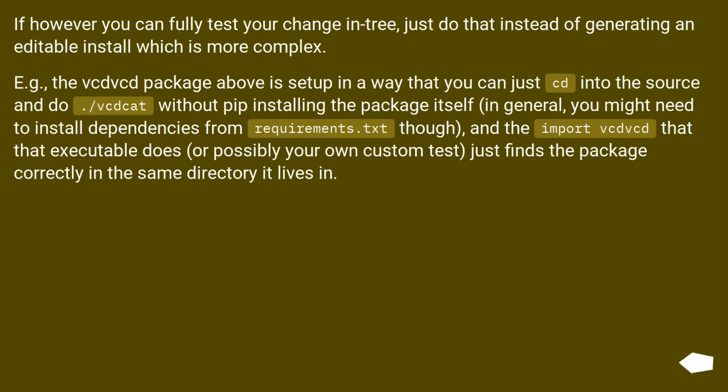For example, the vcd package above is set up in a way that you can just cd into the source and run the script without pip installing the package itself. In general, you might need to install dependencies from requirements.txt though, and the import vcd that the executable does, or possibly your own custom test, just finds the package correctly in the same directory it lives in.